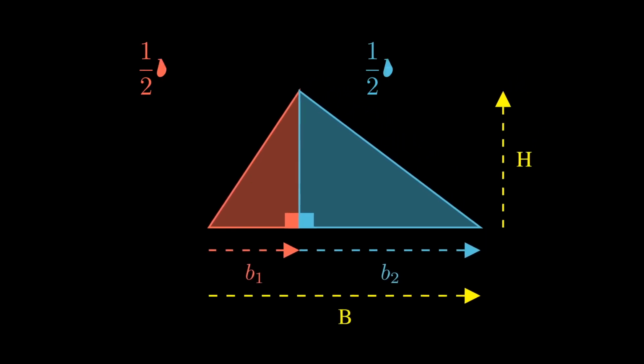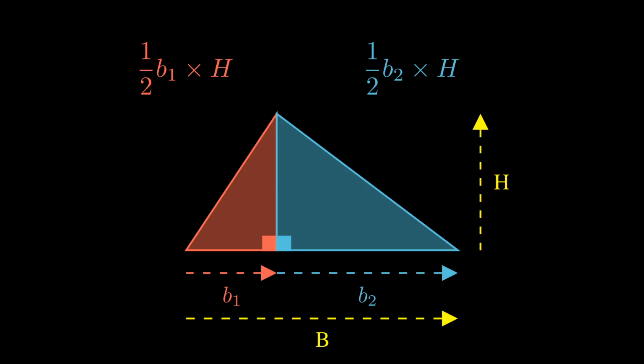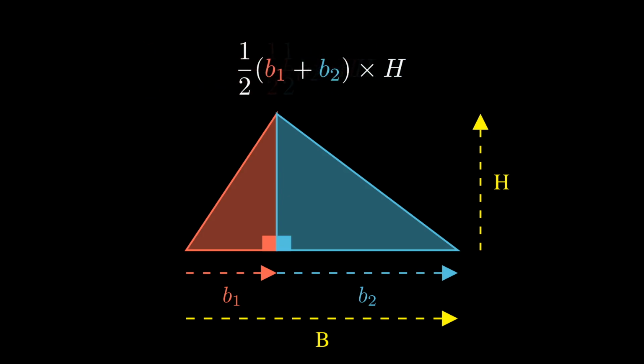From those, we can obtain the formula of 1/2 base times height, add them together, and the b1 plus the b2, which is the total base, gives exactly 1/2 base times height for the acute angled triangle.